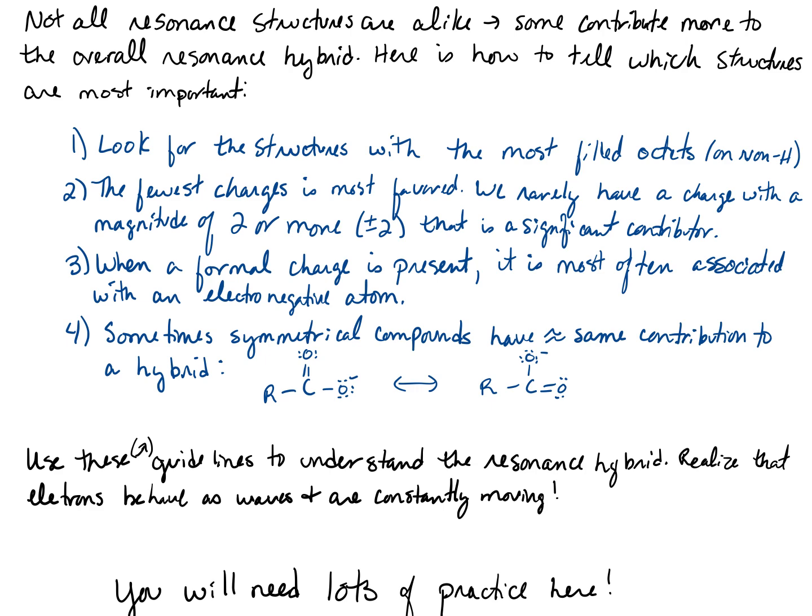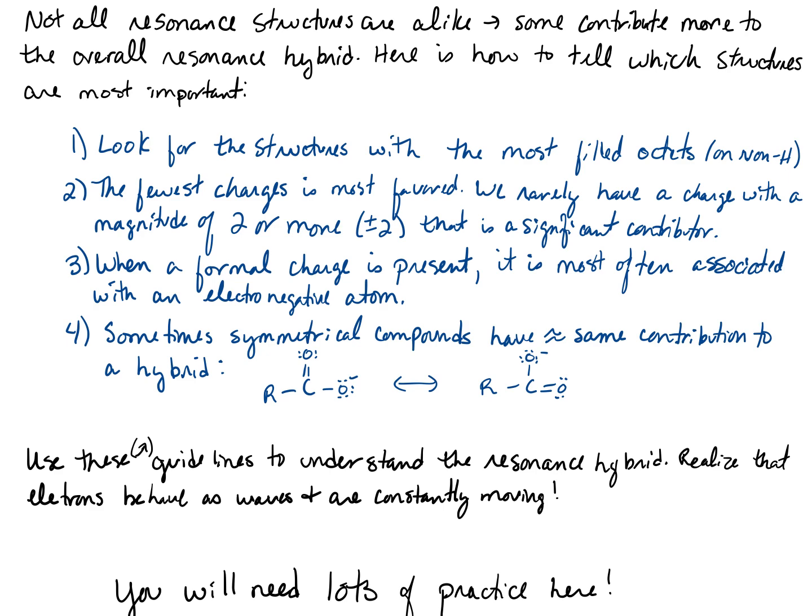Number 1, look for the structures with the most filled octets. So we're talking about having an octet around oxygen, having an octet around carbon, the simple stuff that we've been doing with Lewis structures for a while. And I'm not talking about hydrogen, I'm not talking about the exceptions to the octet, and we're talking about just in general what you would have as an octet.